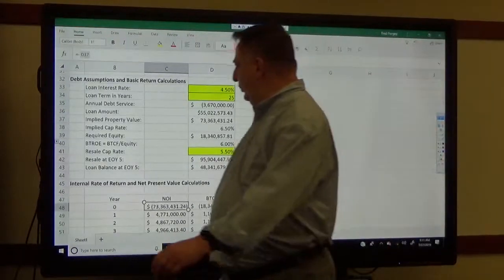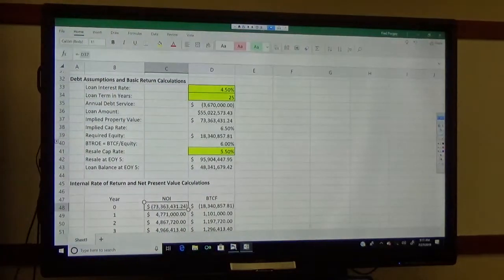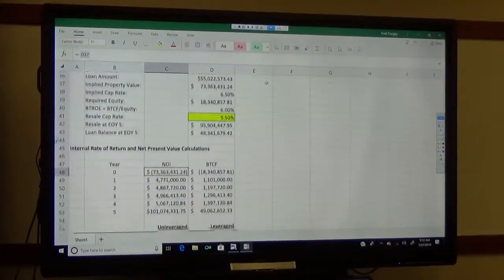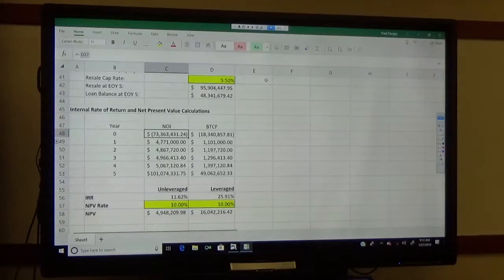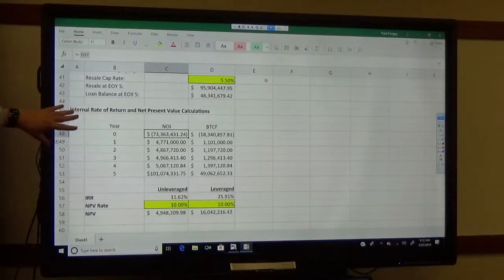So I think that's pretty much it. You are more than welcome to take this base model and do with it as you please. But as I said at the very beginning of today, under no circumstances should this be transplanted into your PowerPoint slides. You need to figure out what makes sense to put in the PowerPoint slides to get to the core issues, and then what you choose to include in your written report.